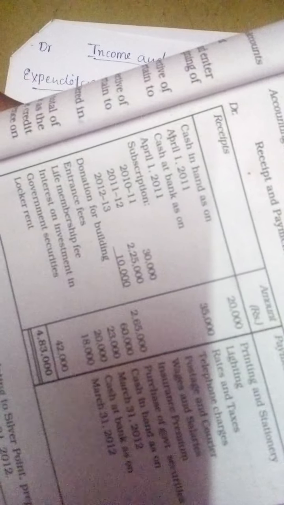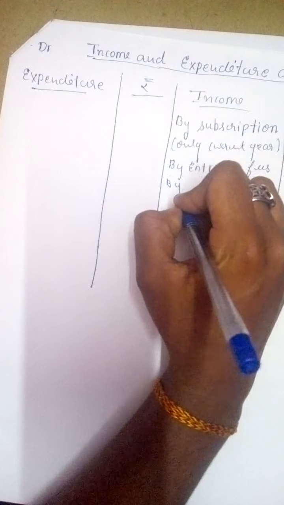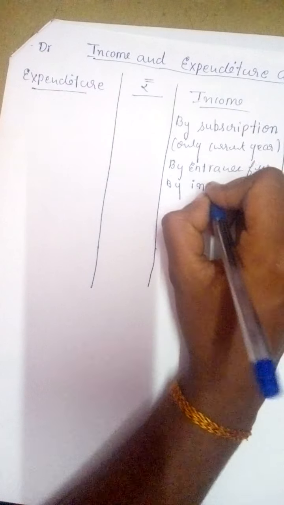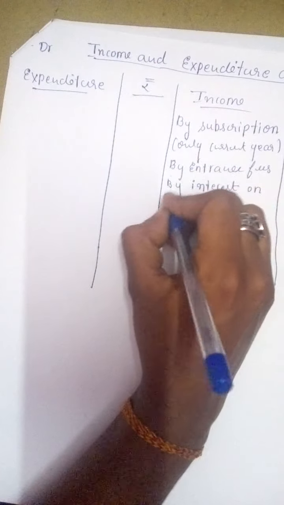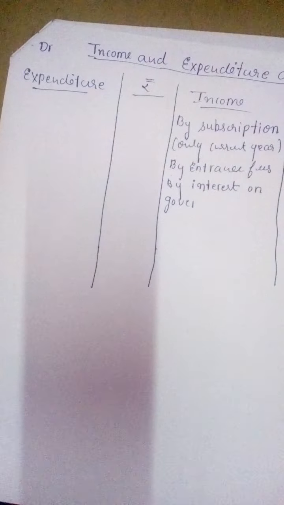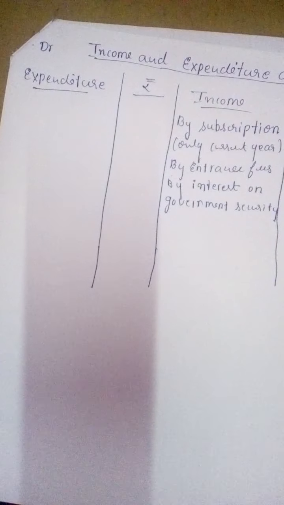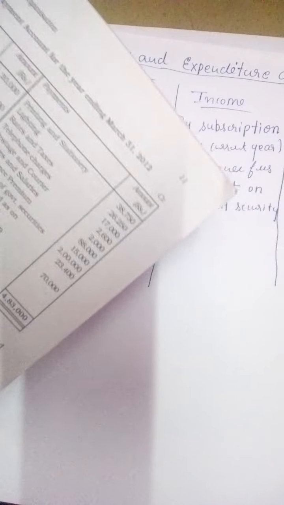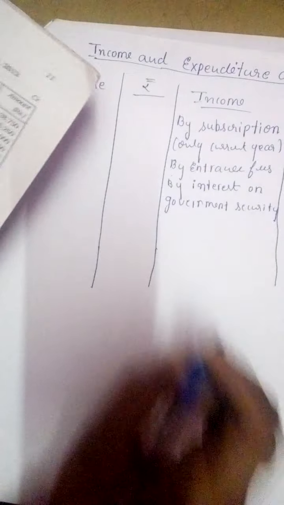Then interest on investment in government security, it can be recorded by interest on government security, that is interest on investment in government security amounting to rupees 18,000.